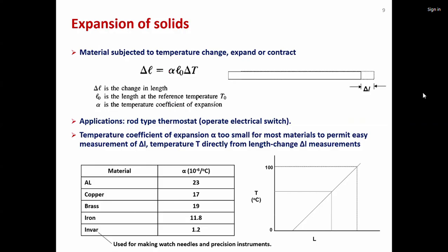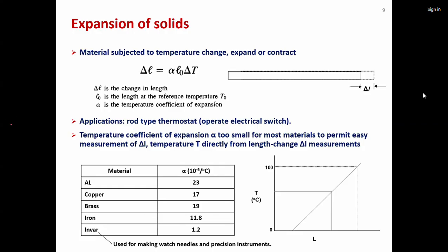Initial length is the geometrical parameter. So these two basically would decide, for a given change in temperature, what the change in length is. So the application of this expansion of solids is realized in the rod type thermostat, which we will see subsequently, typically for operating an electrical switch.